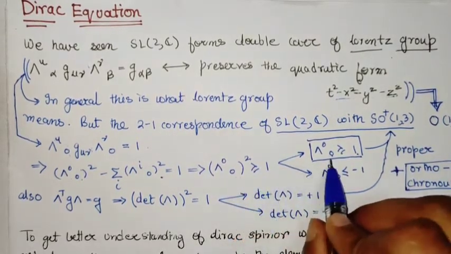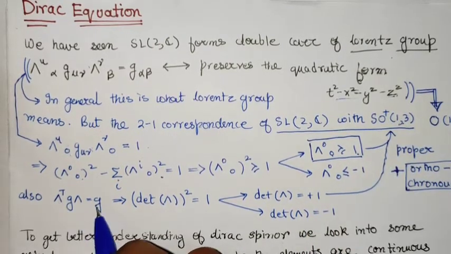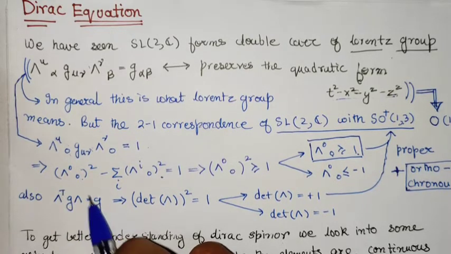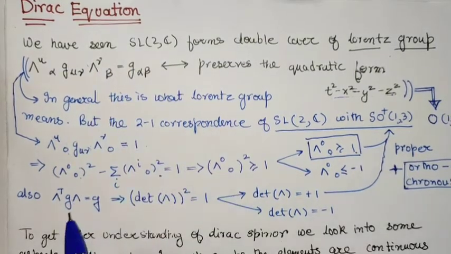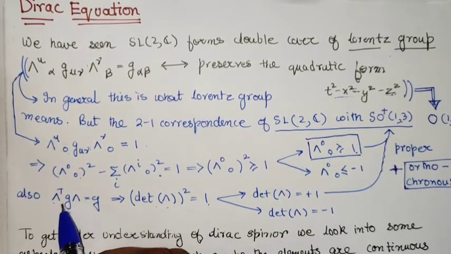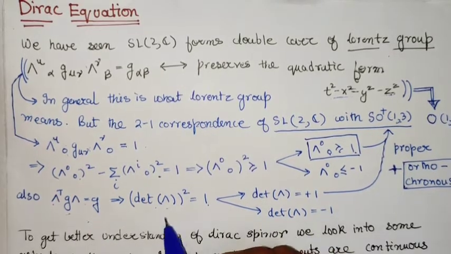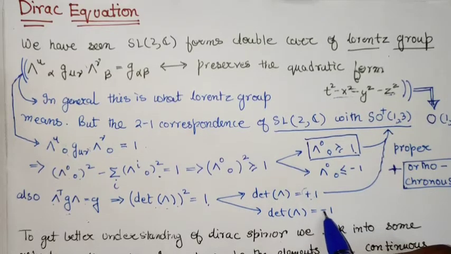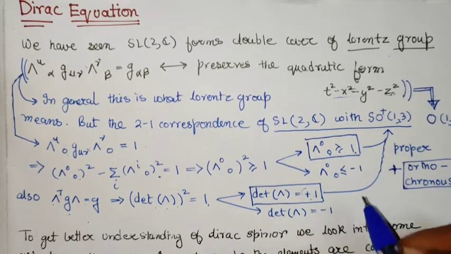Similarly, one more constraint we will give is coming from the determinant. Lambda transpose G lambda is G, that is just the matrix form of this equation here. Once we have that, we can say that the determinant squared is 1, because the determinant of AB is determinant A times determinant B. So the determinant can be plus 1 or minus 1, but we will only work with the plus 1 condition.